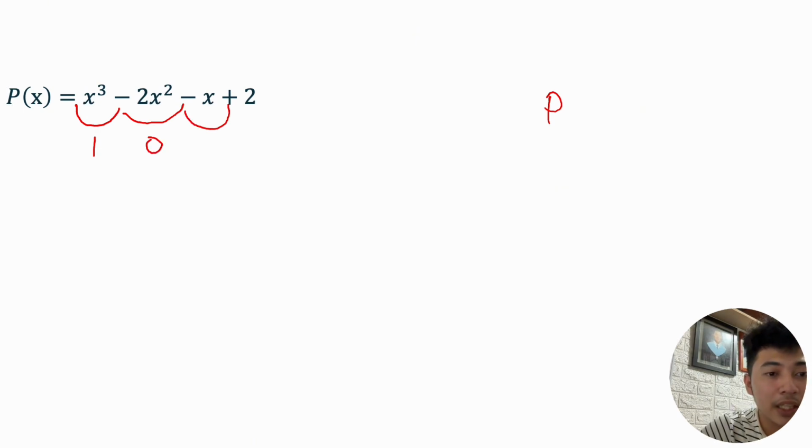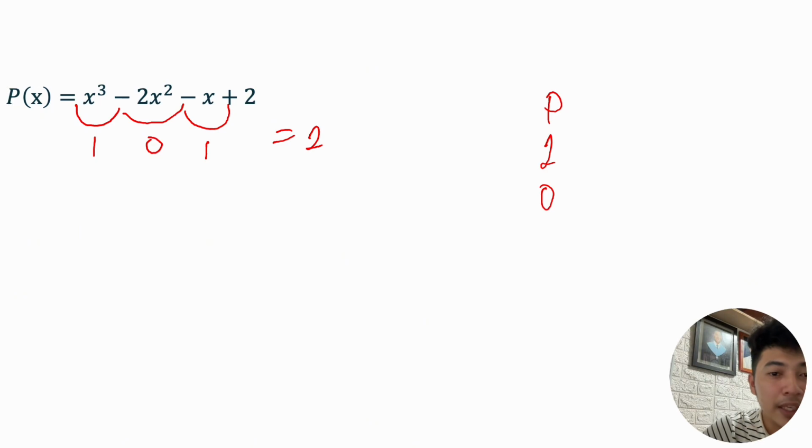And negative to positive, there is another change, so that is counted as 1. So in total, the maximum number of positive real roots is equal to 2. And tandaan, that is a maximum, so it can be less by an even number. So if 2, you can have 0 positive real roots.